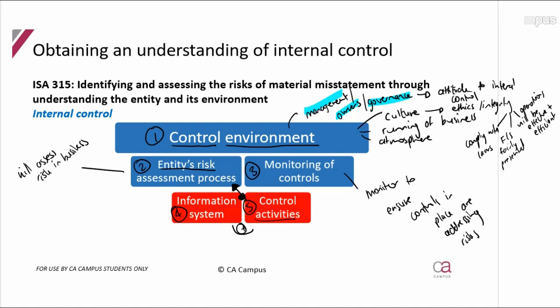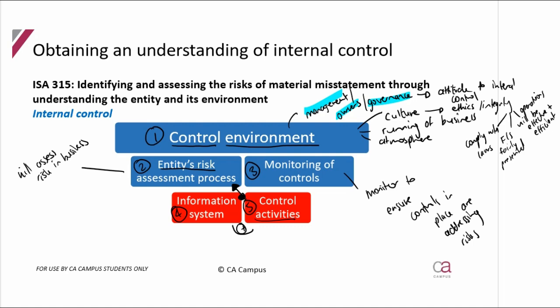Guys, there's a reason I have put 3 in blue and 2 in red. And that's because the standard has now differentiated between the control environment, risk assessment and monitoring of controls, and the information system and control activities.